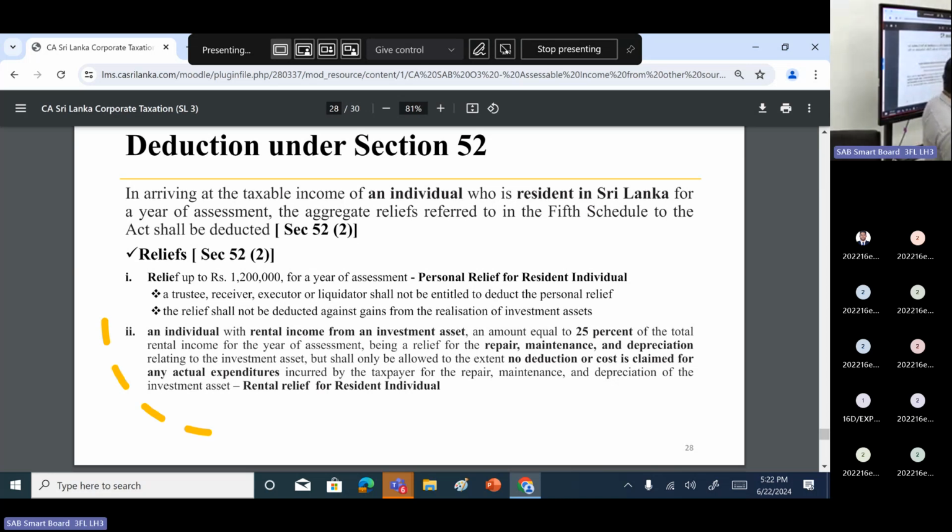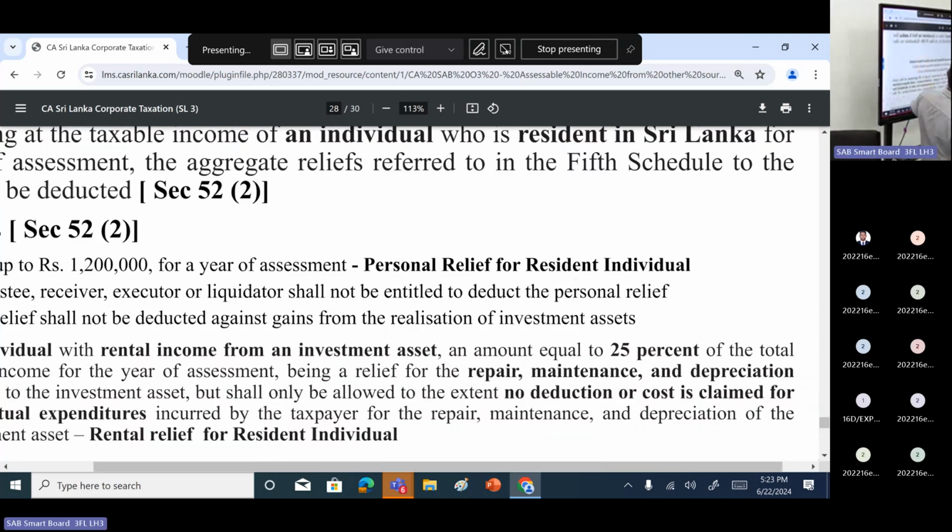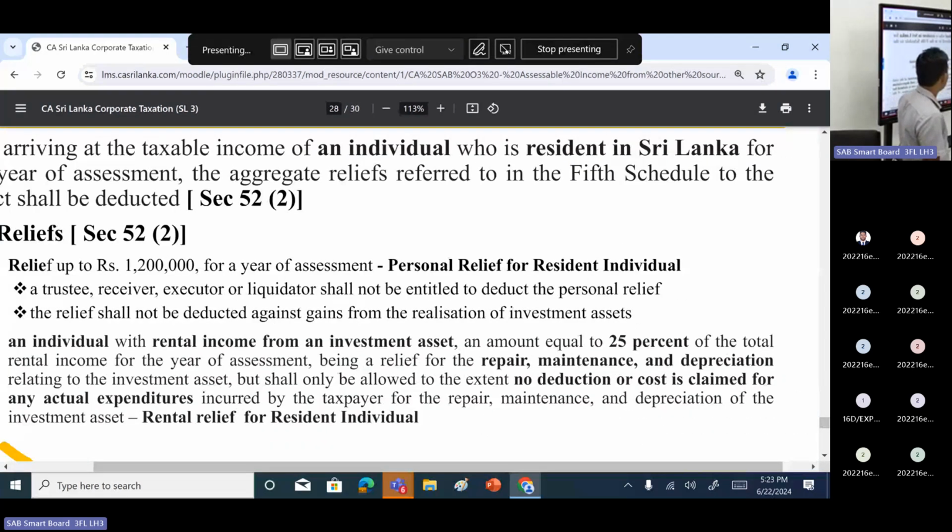A trustee, receiver, executor, or liquidator shall not be entitled to deduct the personal relief. The relief shall not be deducted against gains from the realization of an investment asset. We cannot deduct 1.2 million from the realization of investment assets. Remember that.